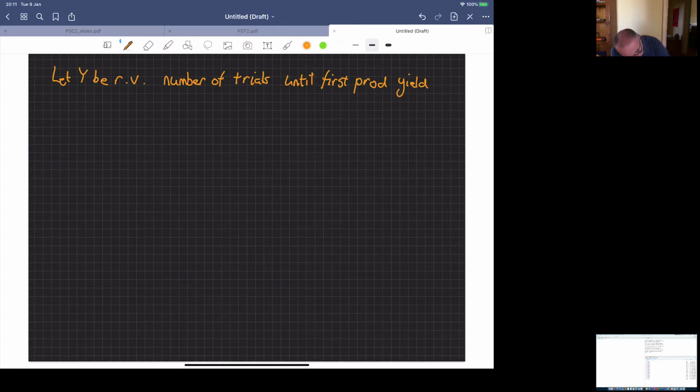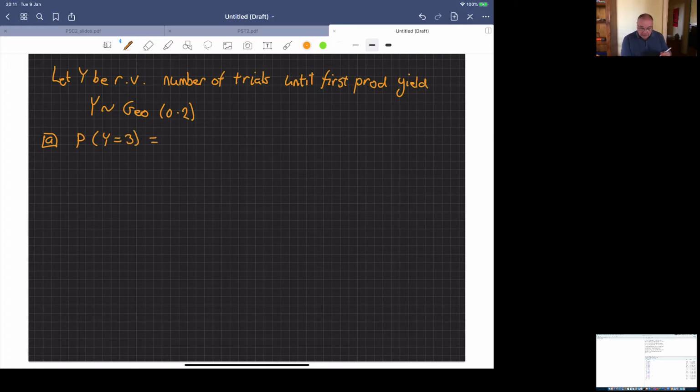And what do we know? We know that Y has a distribution that's geometric, 0.2. In question A, we want to know the probability that Y equals 3.